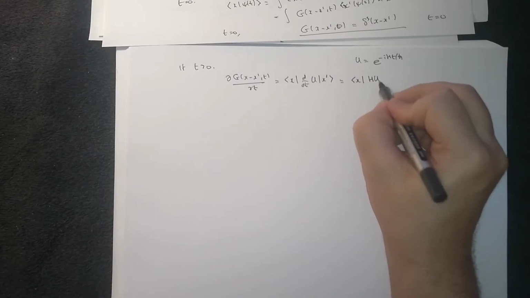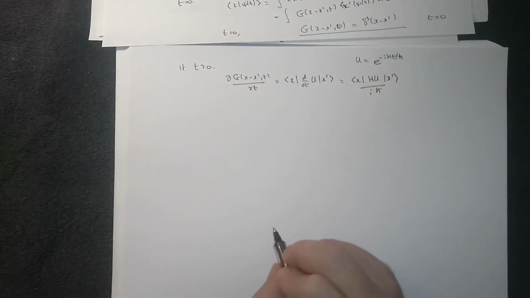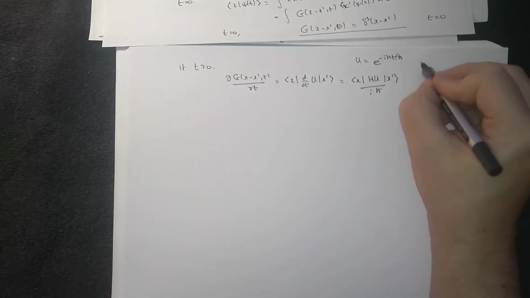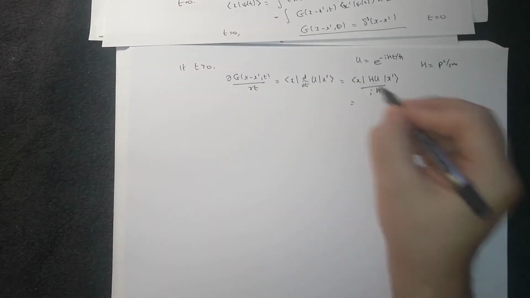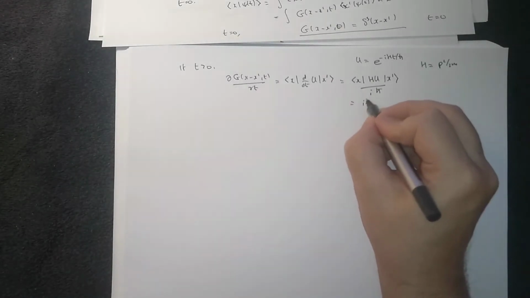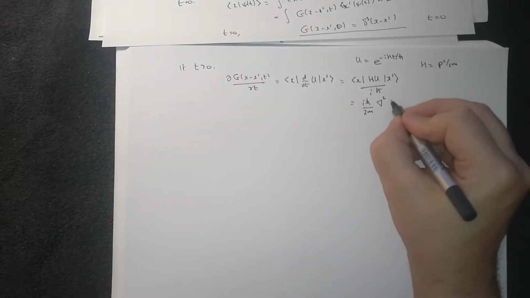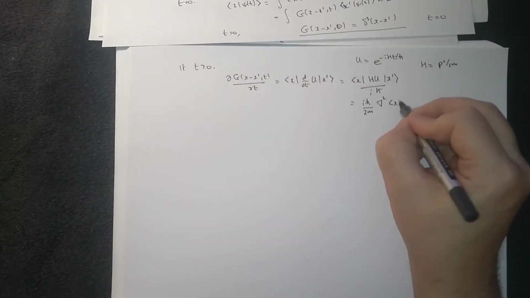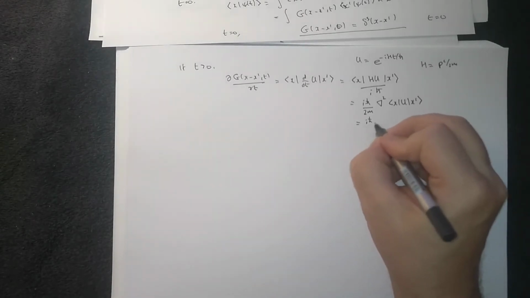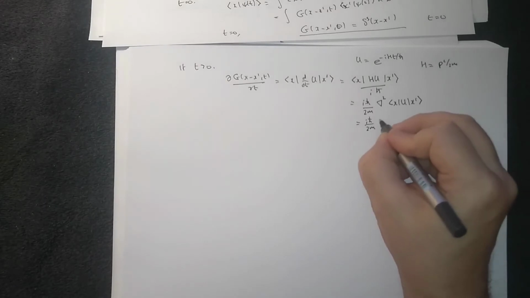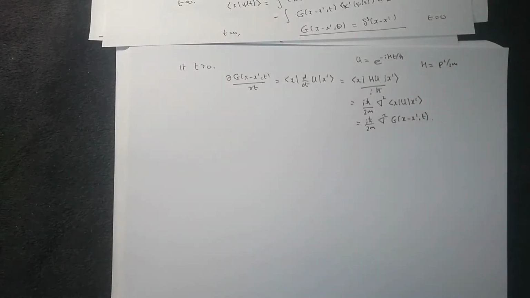So that's HU over i h bar, x prime. But H was p squared over 2m. And so that gives me i h bar over 2m del squared of x U x prime, which is i h bar over 2m del squared g of x minus x prime at time t.